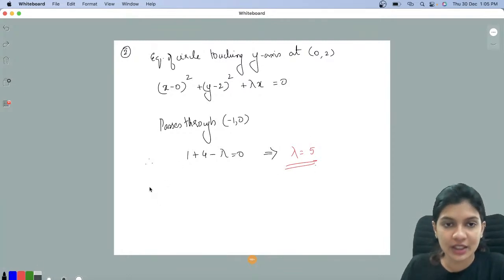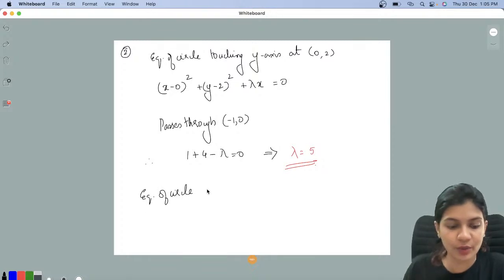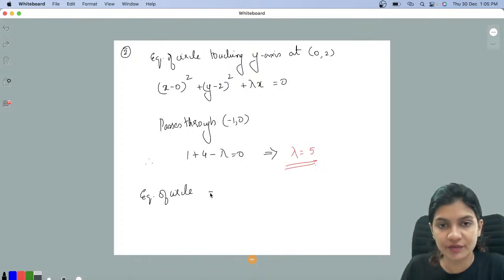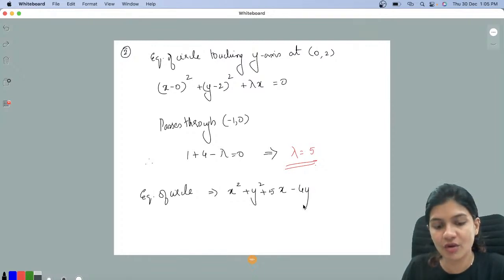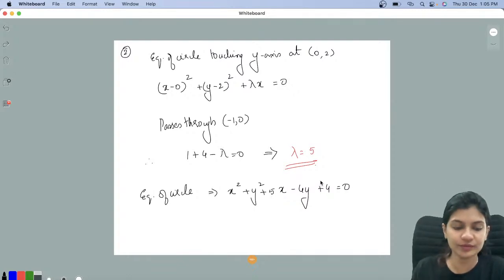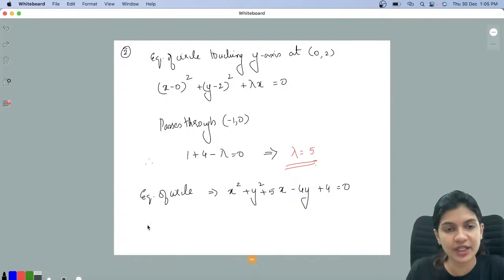Now the equation of the circle will be x square plus y square plus 5x minus 4y plus 4 equals 0. Now putting y equals 0, what do we get?